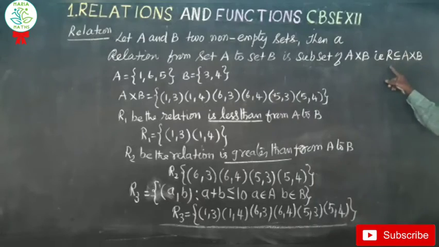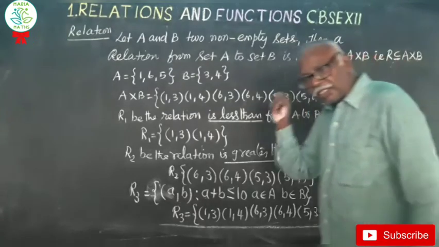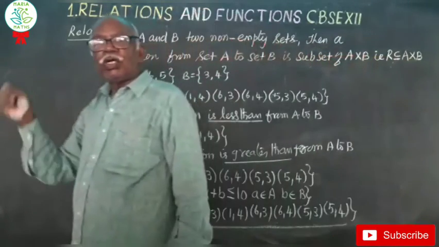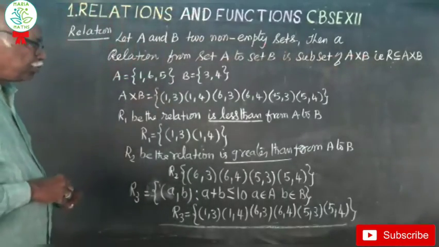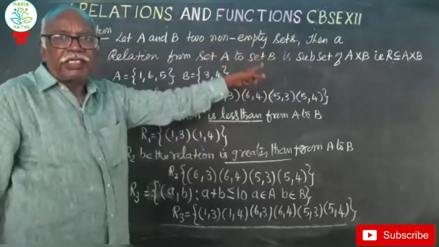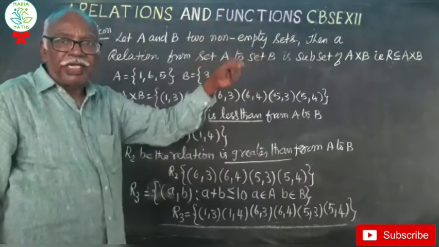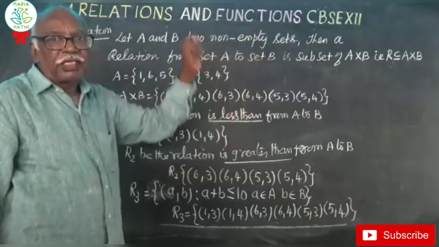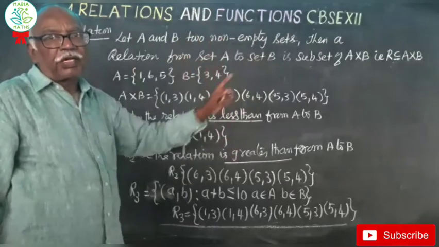In concluding, a relation is a subset of or equal to A cross B. Therefore, any relation from A to B is a subset of A cross B.